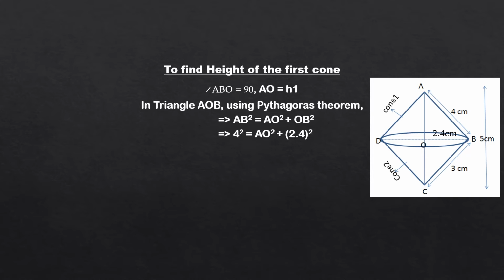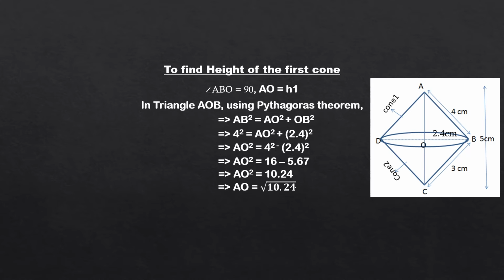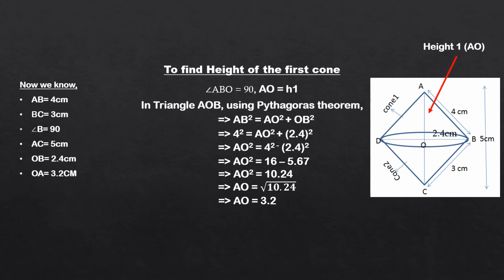So by putting the values, 4 square is equal to AO square plus 2.4 whole square. Now on further calculation, we come to the point where AO is equal to root over 10.24, which will be further simplified to AO is equal to 3.2. Therefore, AO is our height 1.